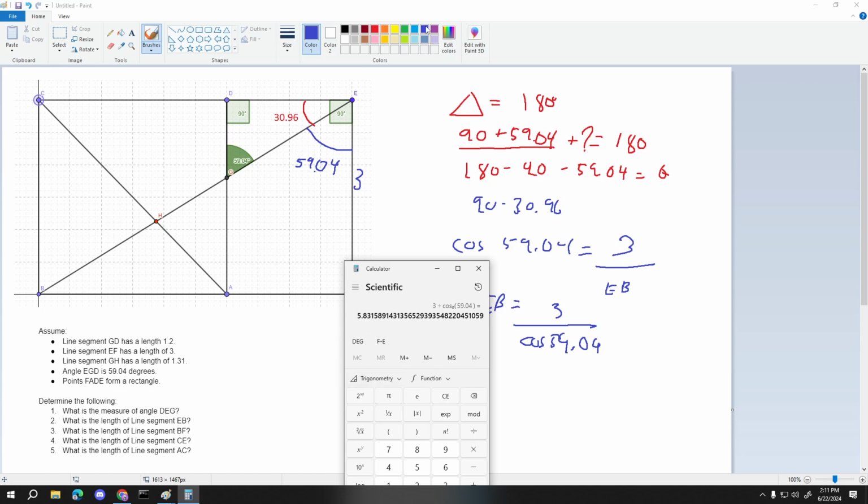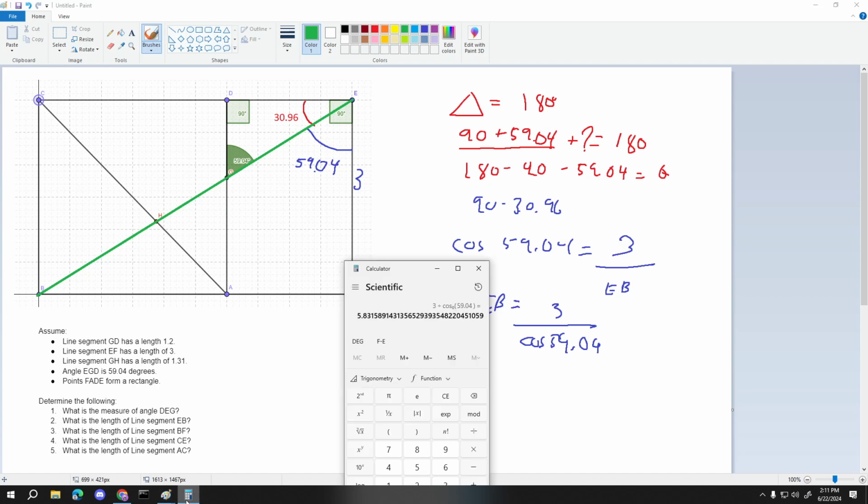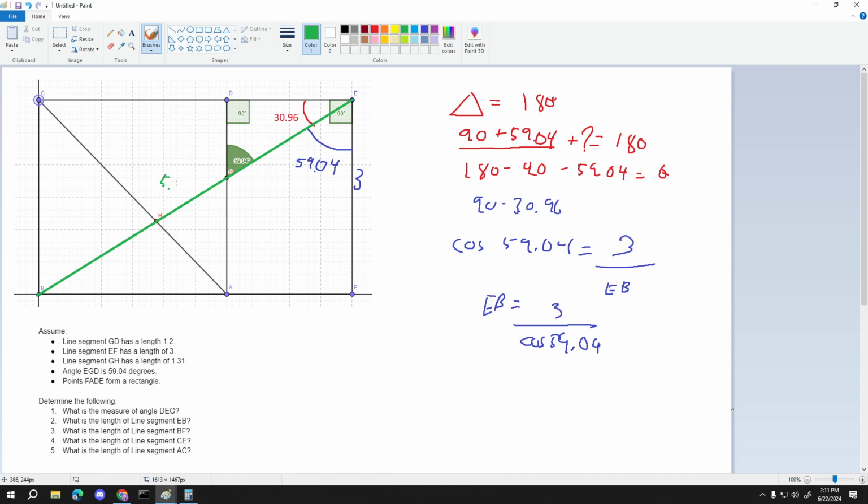We want to round this to 2 decimals. So EB, oh no, let's make this green. 5.83. Okay. Next, what is the length of line segment BF?